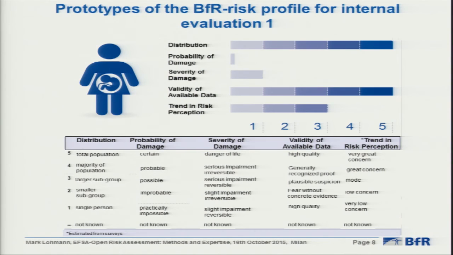This slide shows you the first prototype, which we gave into an internal evaluation on a 5-point scale. We illustrated here the magnitude of 5 different parameters: the distribution from single person to total population, probability and severity of damage, validity of available data to underpin the uncertainty of the whole risk assessment process, and the trend in risk perception.